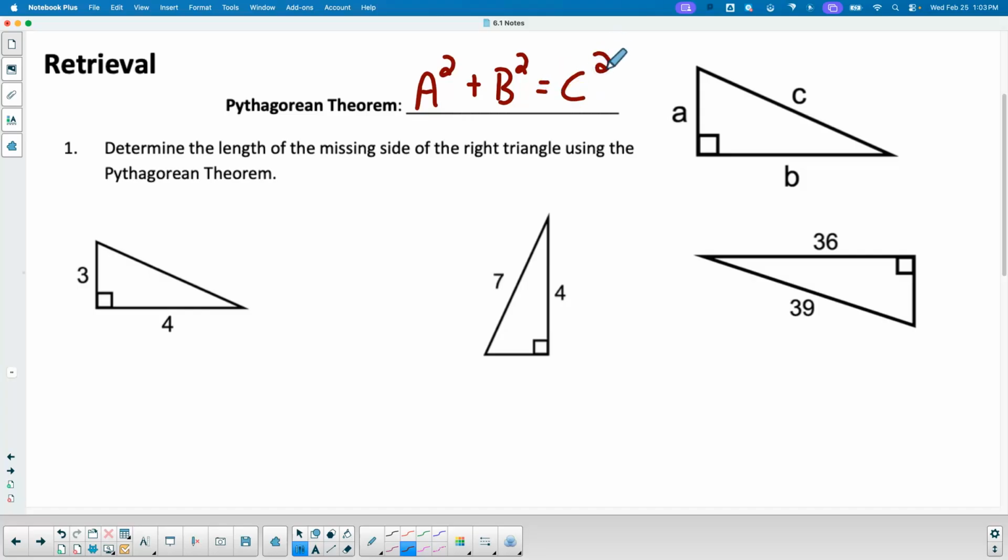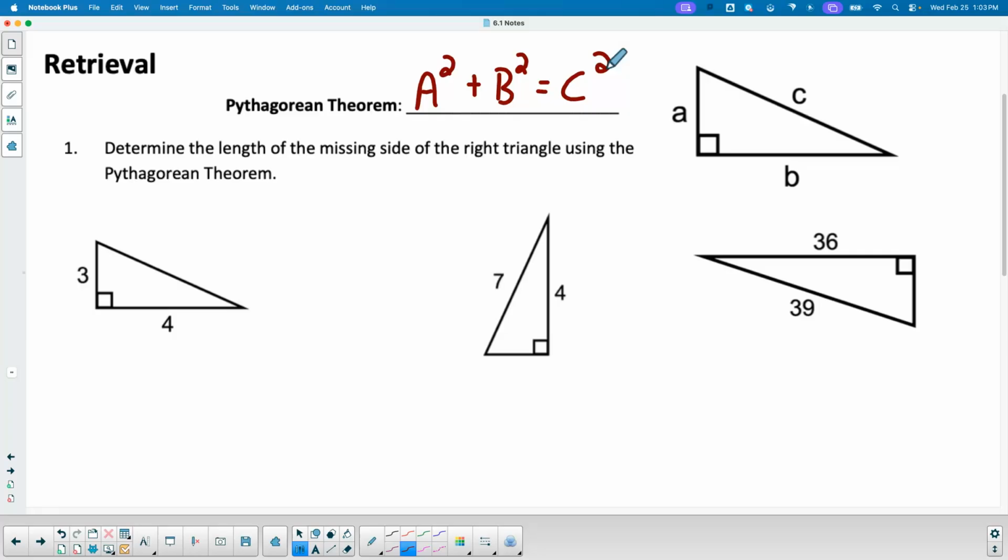Now, a couple of things about the Pythagorean theorem, just to refresh your memory. First thing is, you have to have a right triangle. The Pythagorean theorem only works on a right triangle. So, if you don't have a right triangle, you can't use a squared plus b squared equals c squared. That's thing number 1.